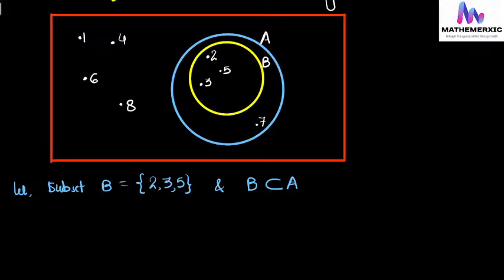So this is the representation, and the circle for B is contained in the circle for A.